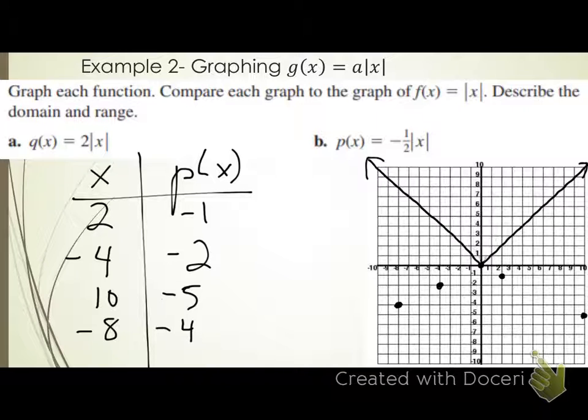And what's another really, really good one? 0. Absolute value of 0? 0 times negative 1/2? 0. 0 comma 0. I thought someone would choose 6. You could have chosen 6. That's still going to be on our graph. 6 comma negative 3. But I do see a V starting to form.